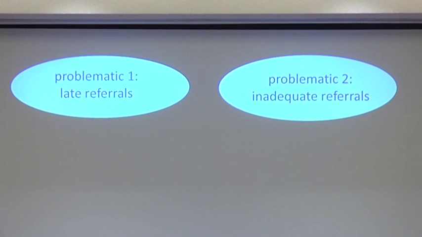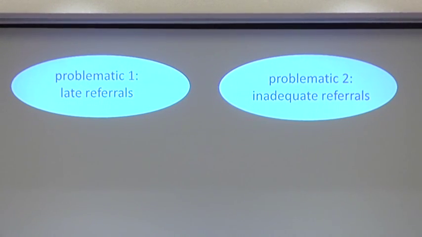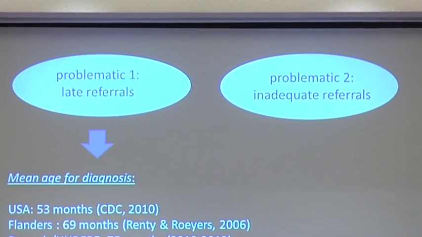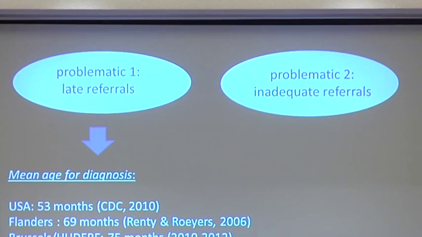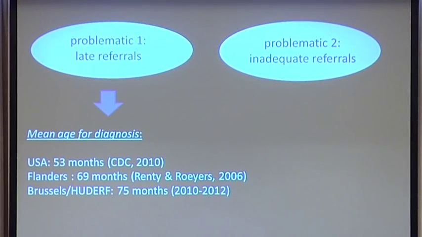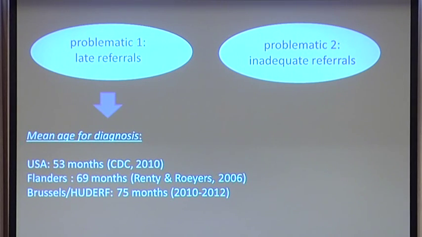So these children come to us, no one screened them before, and we just end up doing the screening instead of specialized autism assessment, so we're wasting much time for everyone. Late referral: we know that the mean age of diagnosis for autism spectrum disorder is about 53 months in the USA, and it goes up to 69 to 75 months in Belgium, depending on which part of Belgium, which is obviously quite late.